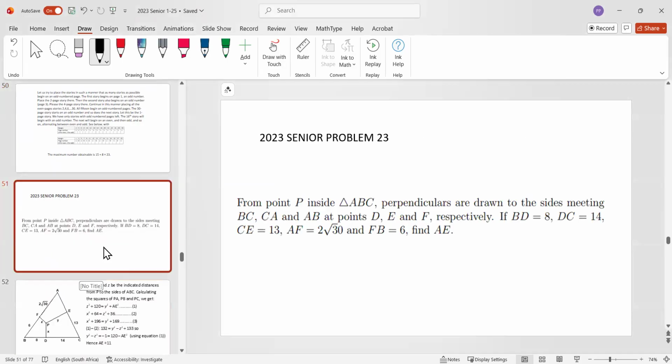Okay, now we got on to problem 23. Problem 23 says the following. A point P inside triangle ABC. Take a triangle.